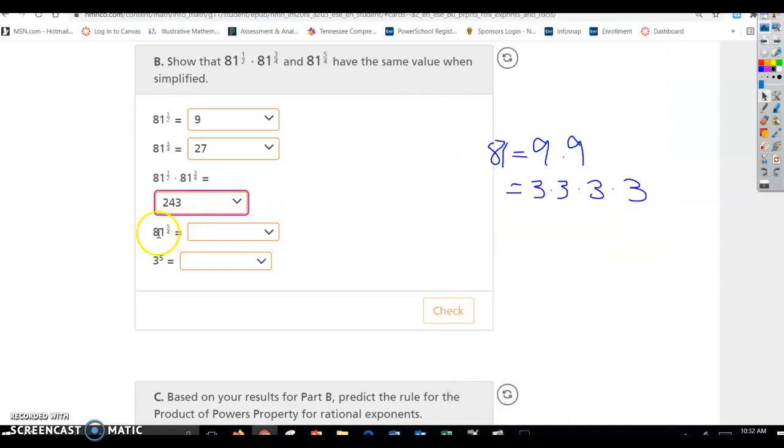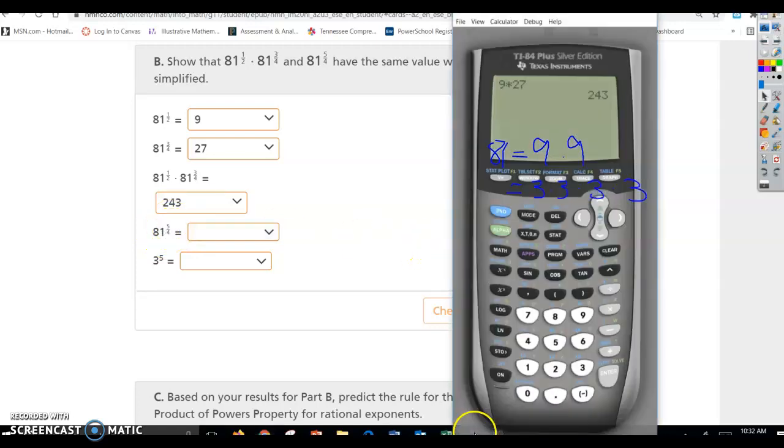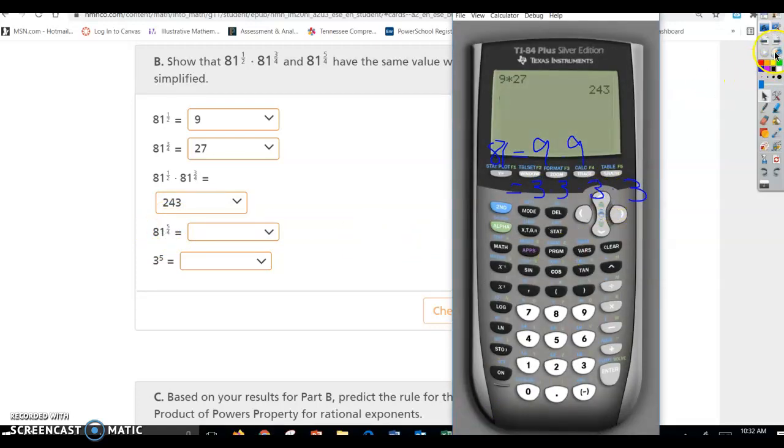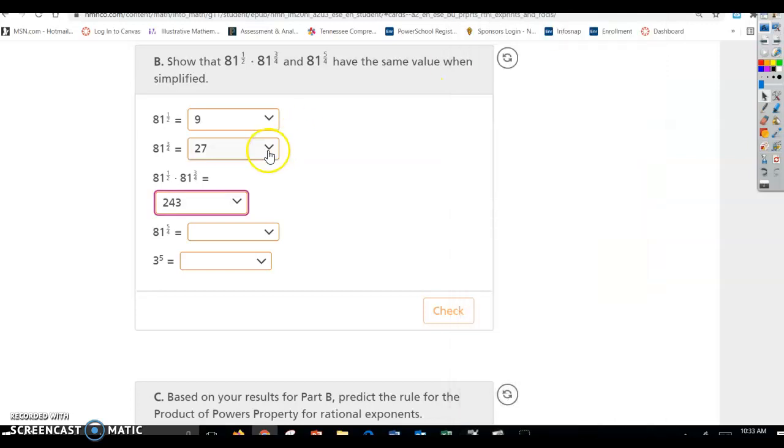All right, now we need to do 81 to the 5/4 power. So let's do that on here as well. So I'm going to do 81 raised to the 5/4 power, and that's going to be 243 as well.